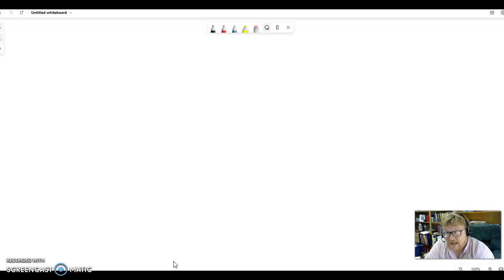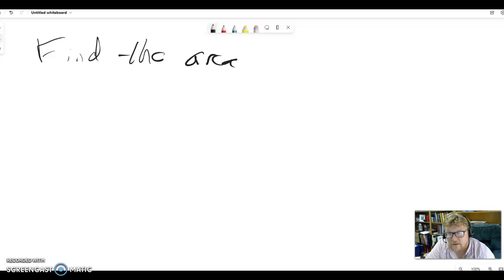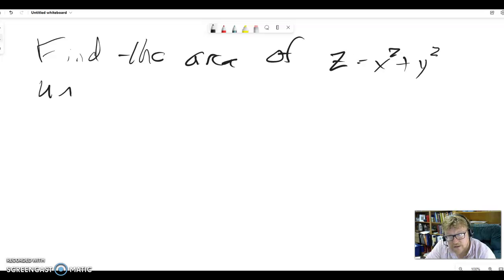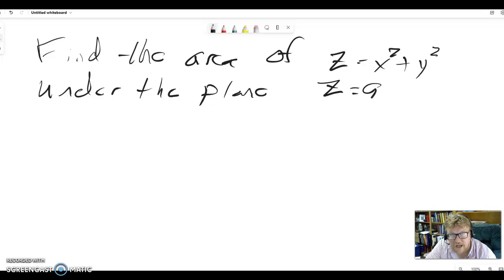My last example of surface area is to find the area of z equals x squared plus y squared, and I will also want to be under the plane z equals 9.